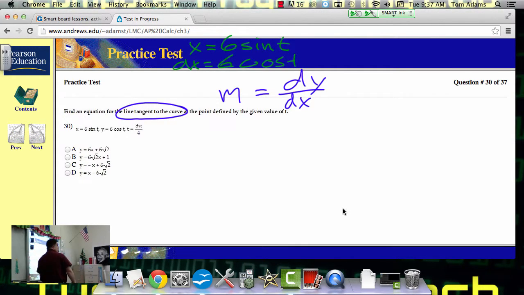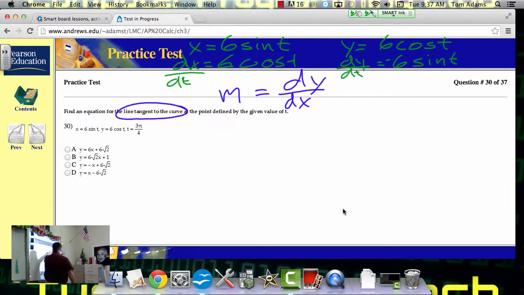And if y is equal to 6 cosine of t, then dy dt is equal to negative 6 sine of t.